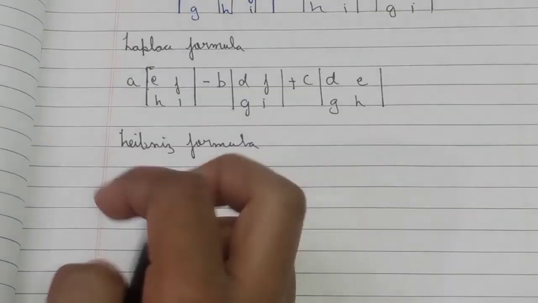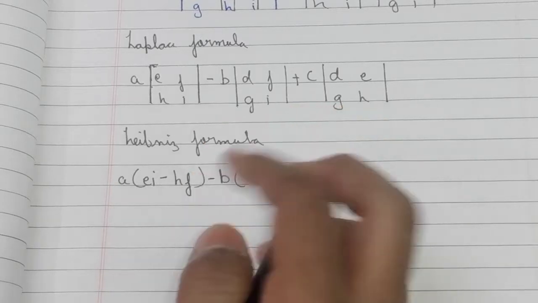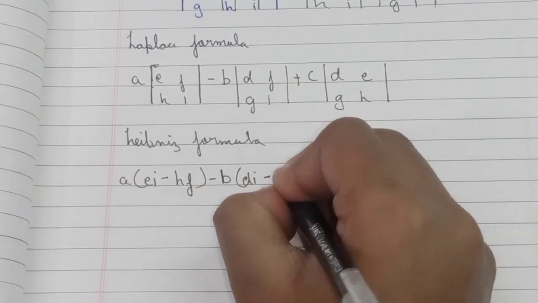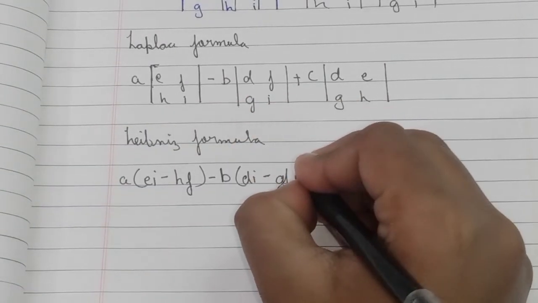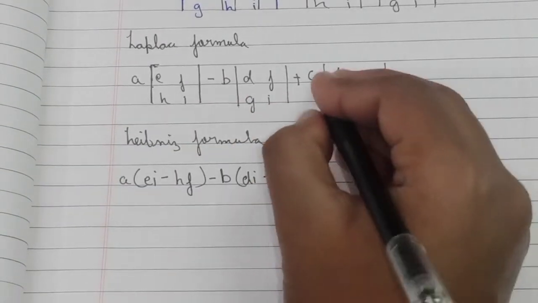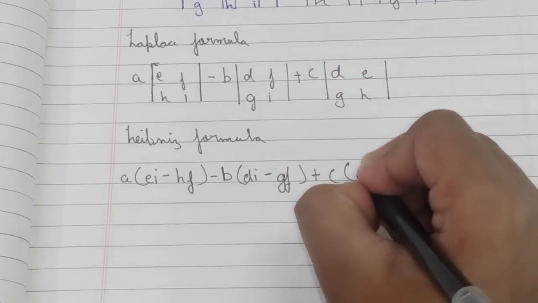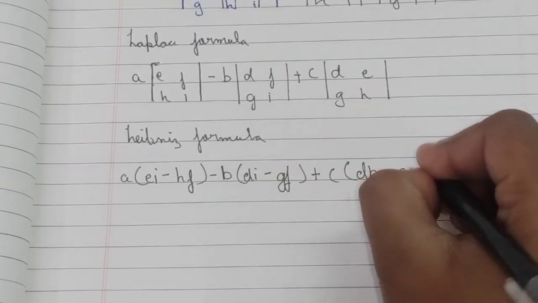This is the first part. Second part is negative b times di minus gf, plus c times dh minus ge.